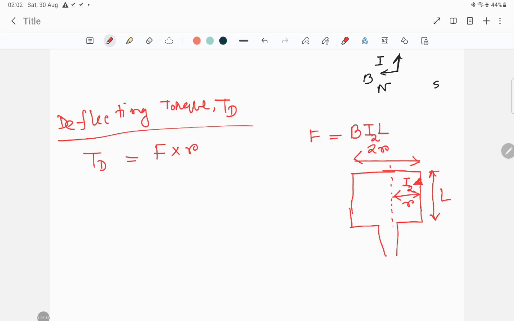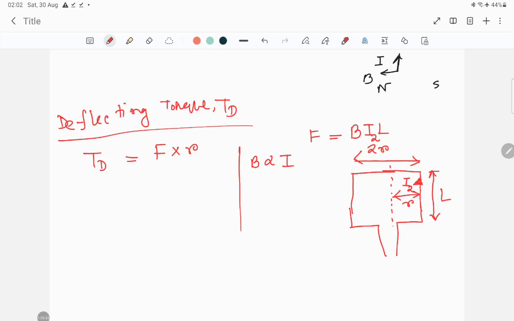Now what will be the effect of B? So we also know that B is proportional to the current. Okay, so what's the current? The current that is flowing through the fixed coil.